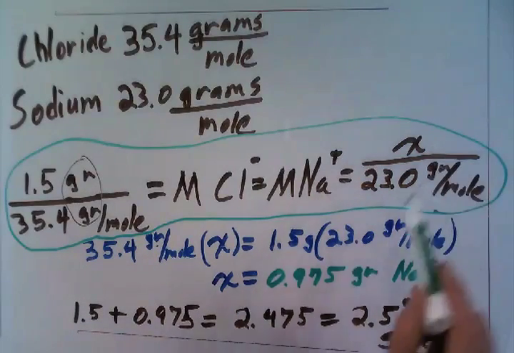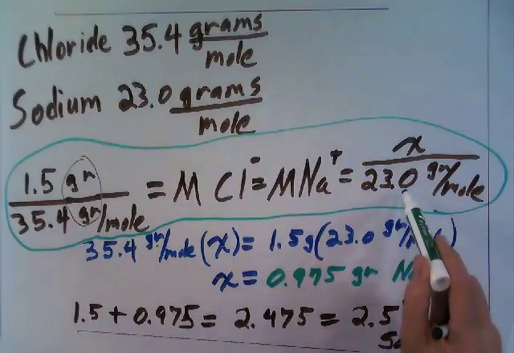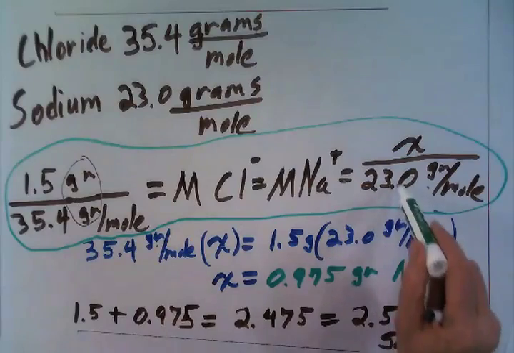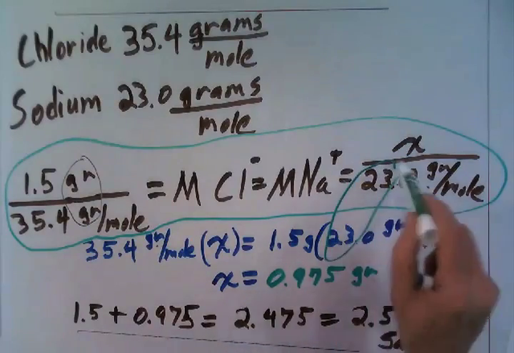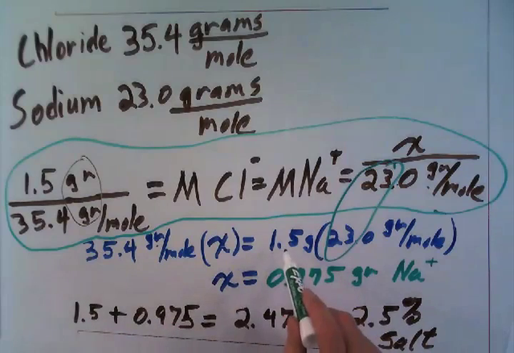And the X doesn't have units yet. And then it is equal to 1.5 grams times 23.0 grams per mole. So this one goes to here, this one goes to here. See, these two are the same. Cross multiply and divide. Now divide the 35.4 underneath and you end up with 1.5 times 23 divided by 35.4, and you end up with 0.975 grams of sodium.